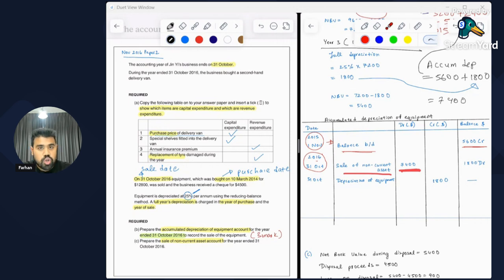So if you need to show that reduction or decrease, you have to debit it, because when accumulated depreciation increases, we credit it, as you have seen with the opening balance before. Now that we are removing this effect for an equipment, we have to reflect this reduction by showing it within the debit column, which states that the accumulated depreciation is now decreasing because we have removed an asset from our books. So that is why 7,400 is being shown on the debit column, okay?